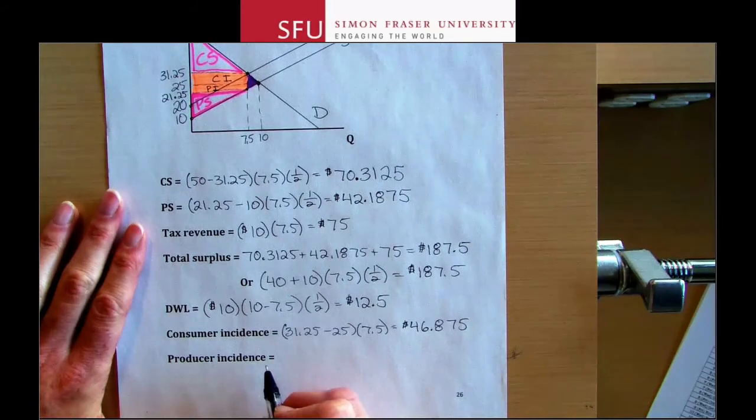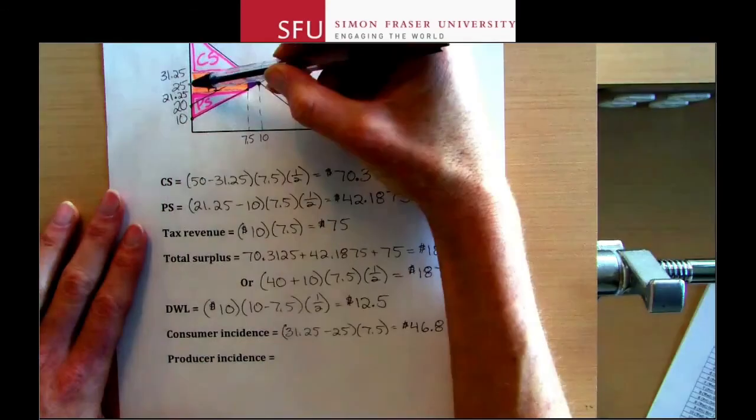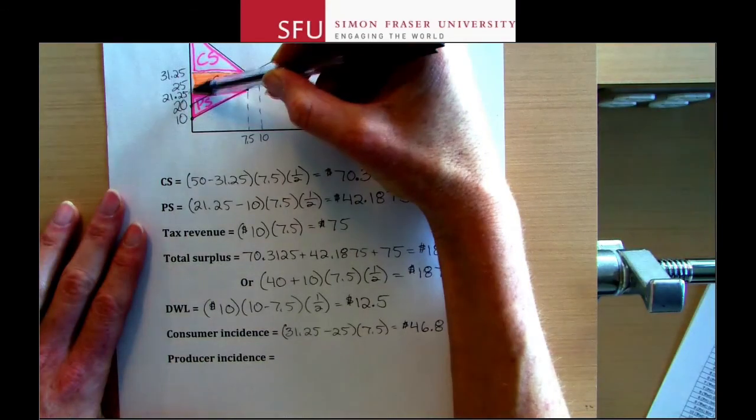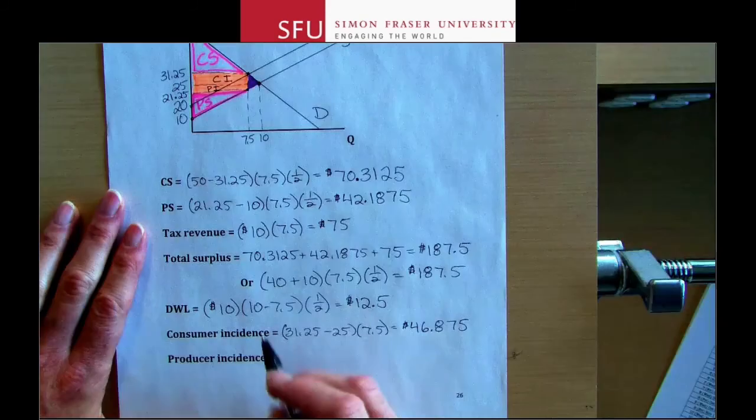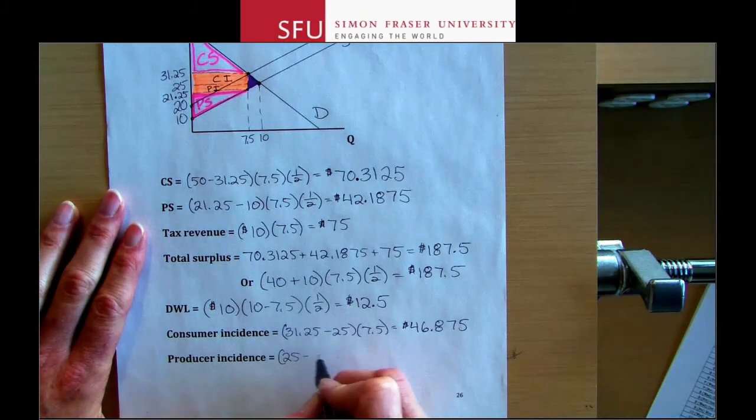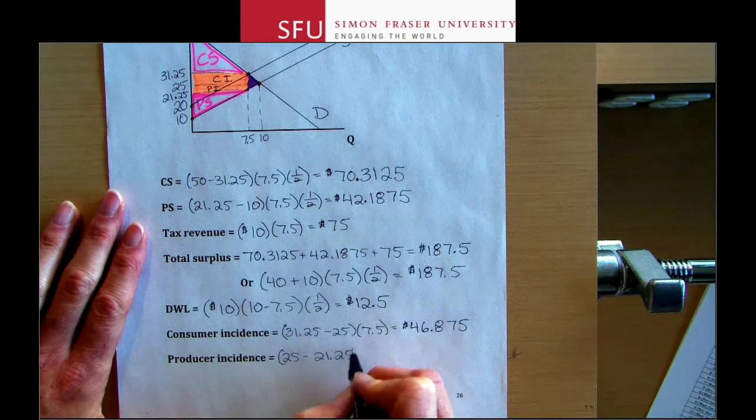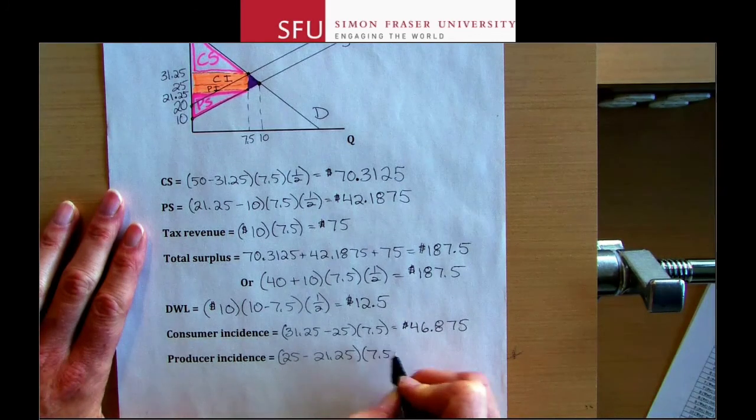And then the producer incidence, the height of that rectangle is 25 minus the price they get now, 21.25, times the quantity.